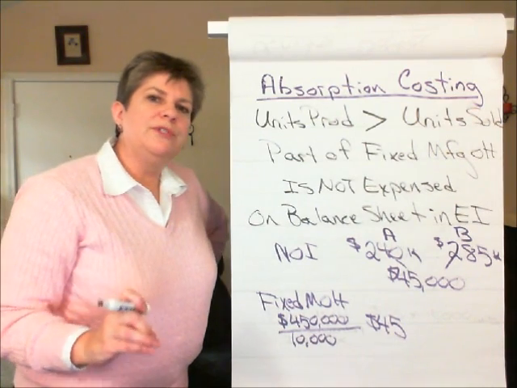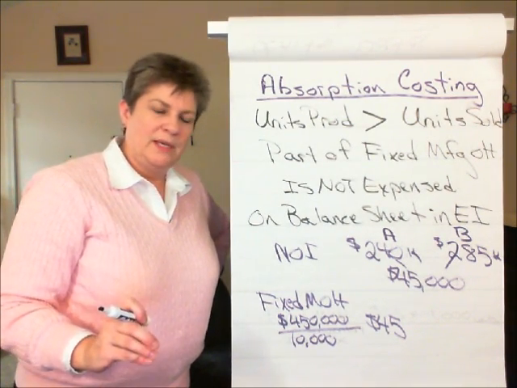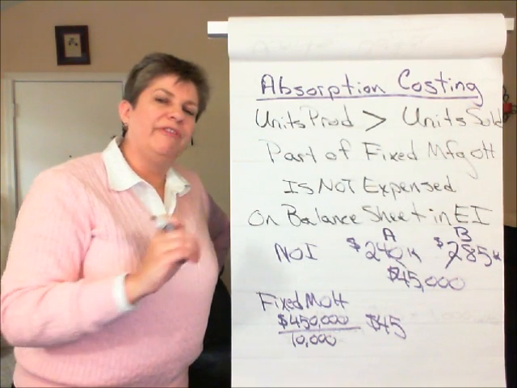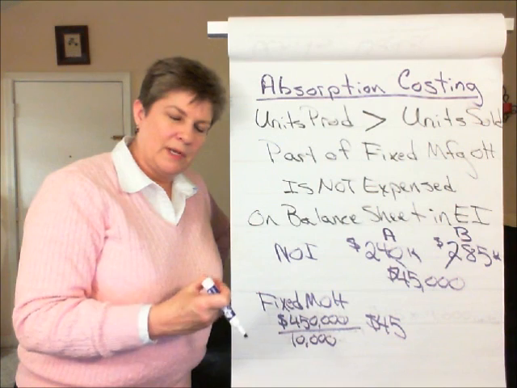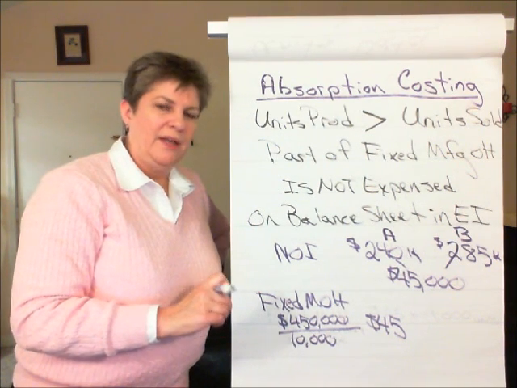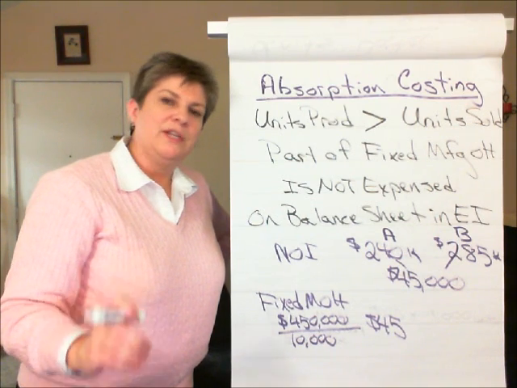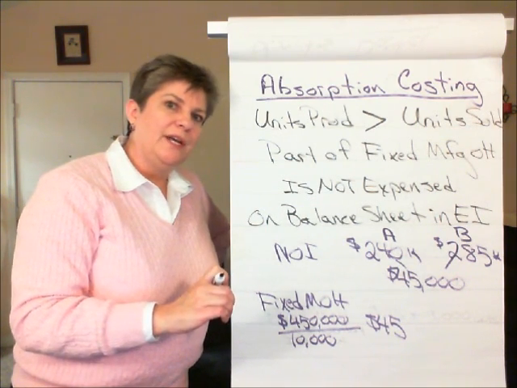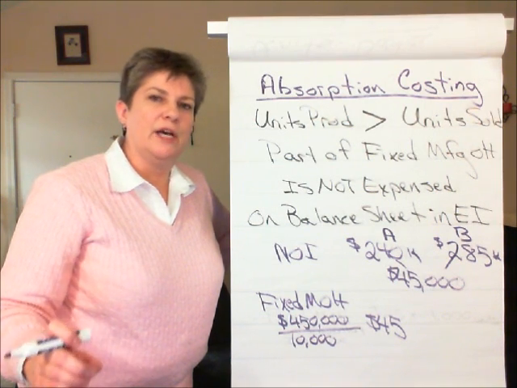Now, what was the change in the inventory level? In scenario B, we started out with 500 units, produced 10,000, sold 9,000. That left us with 1,500 units.